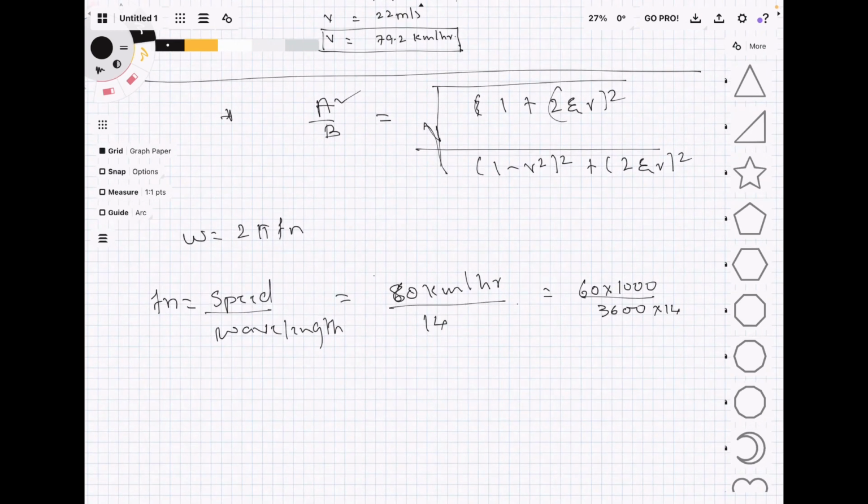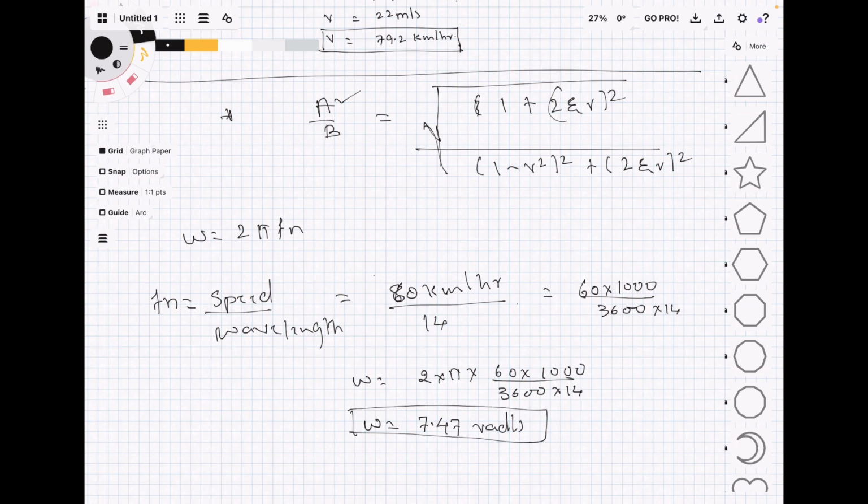If I substitute that in the main equation, omega will be equal to 2 into pi into 60 into 1000 divided by 3600 into 14. So omega will be equal to 7.47 radians per second.